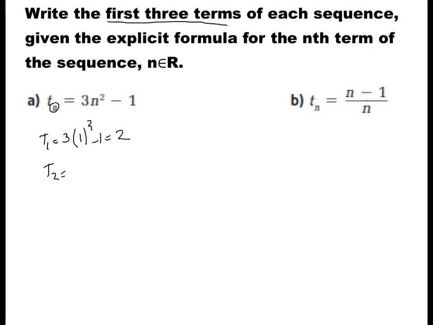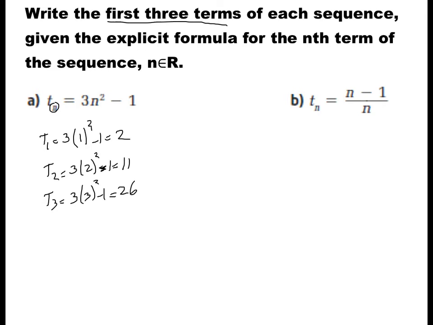T sub 2 is 3 times 2 squared minus 1. 2 squared is 4, so 3 times 4 is 12, minus 1 is 11. T sub 3 is 3 times 3 squared minus 1. 3 squared is 9, times 3 is 27, minus 1 is 26.